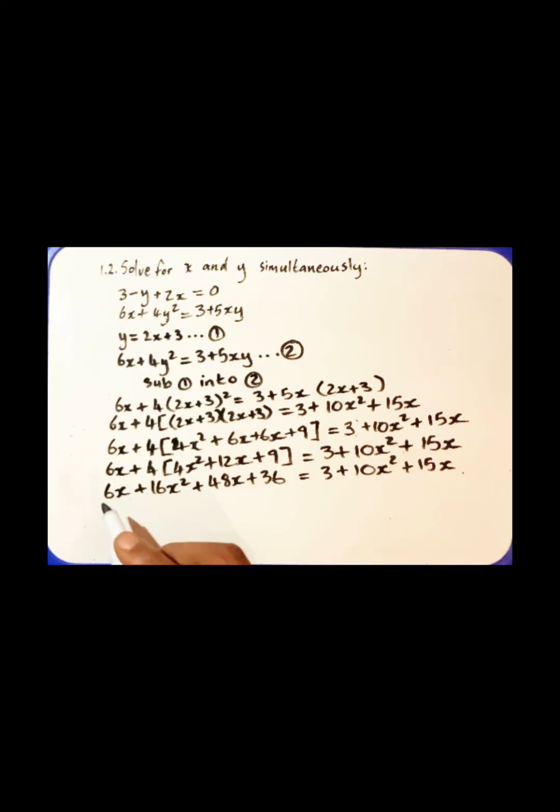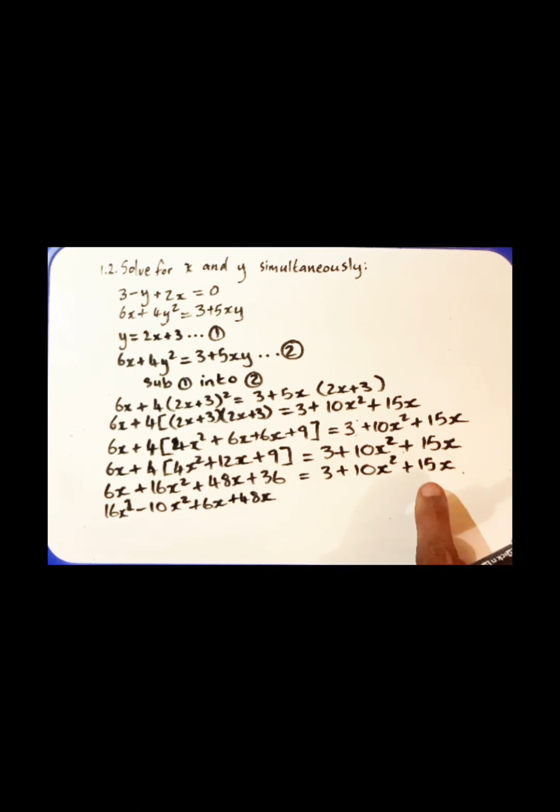So we'll have 16x squared, which is this one. The 10x squared, when it goes this side, it will be negative. So it's negative 10x squared. And then I'm going to write this 6x and plus it with this 48x.